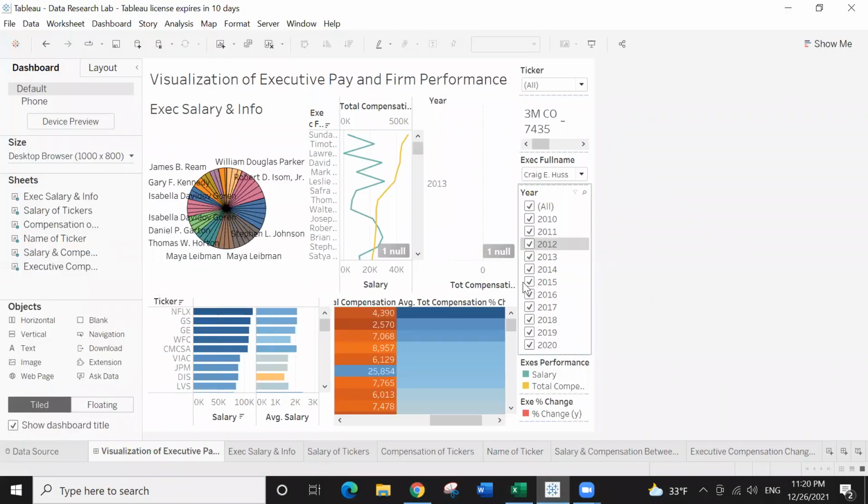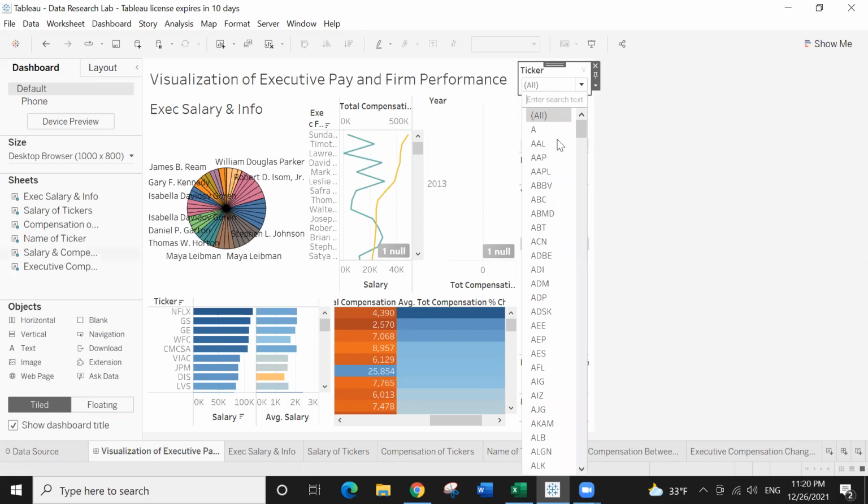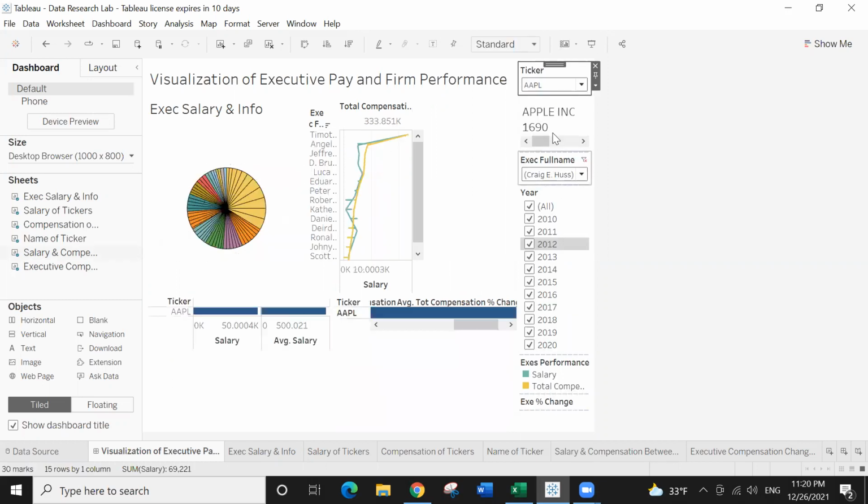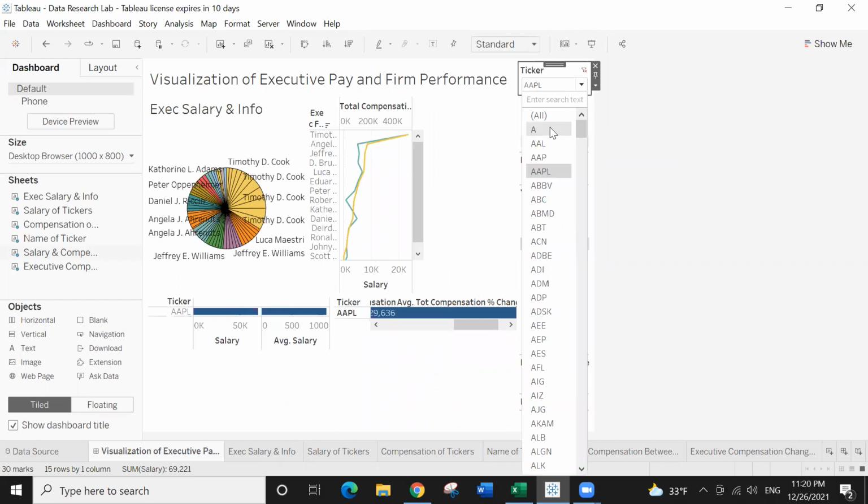For the visualization part, I have made an interactive dashboard. So we have the title here, and also the chart here, and also we have the filters here. For the filters, we have the tickers, which is the company's name in the stock market.